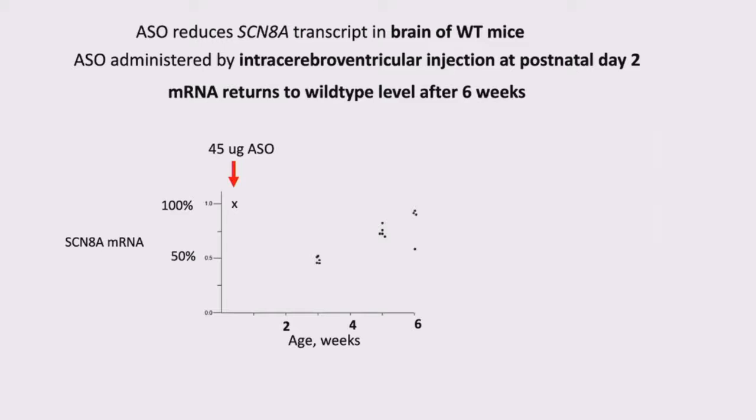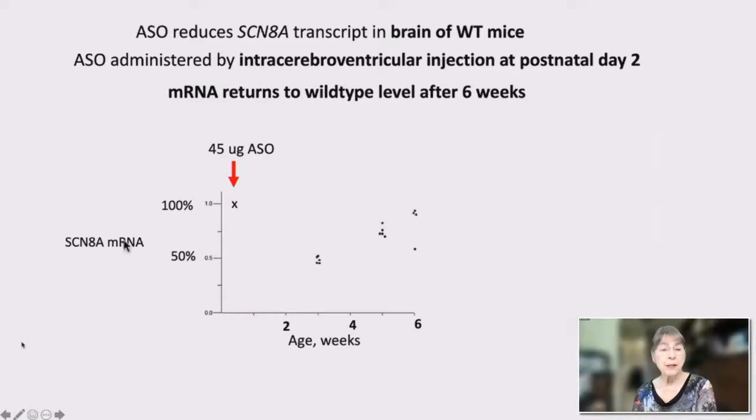This is in vivo data. We are looking at the brains of wild-type mice, and we administered that ASO. We injected it into the intracerebroventricular space at P2, and then we watched the transcript level. So this is SCN8A mRNA starting at 100% of wild type, injection of 45 micrograms of ASO.